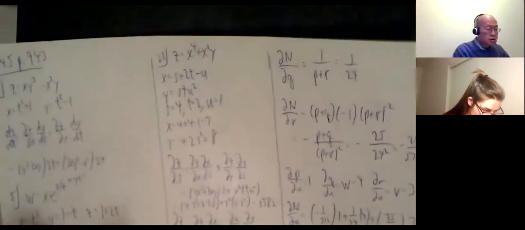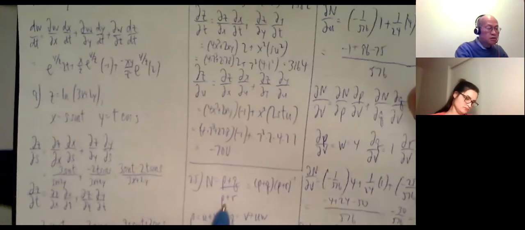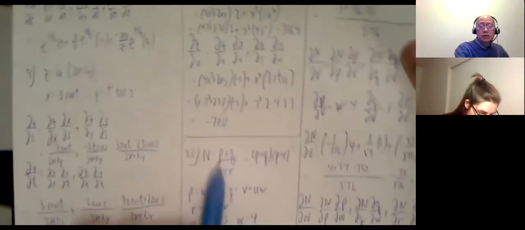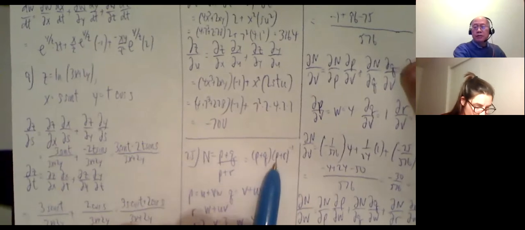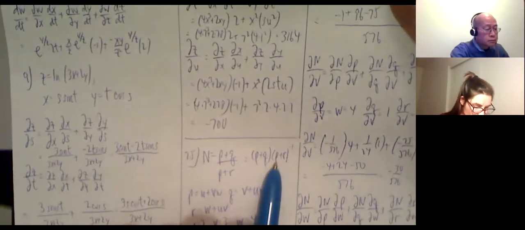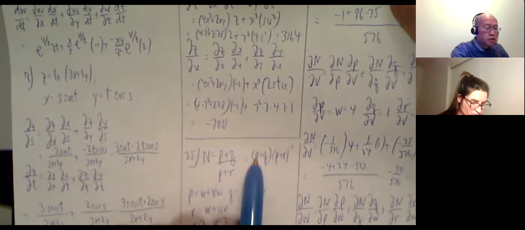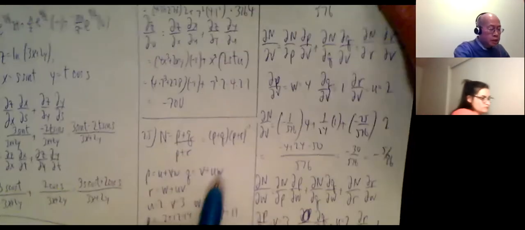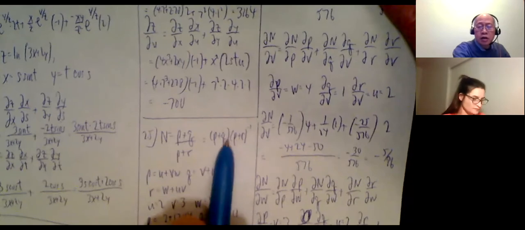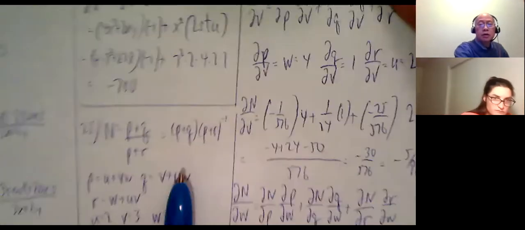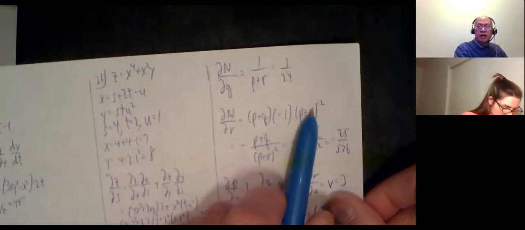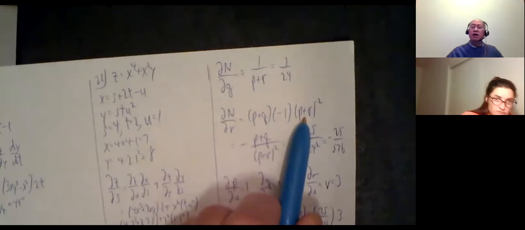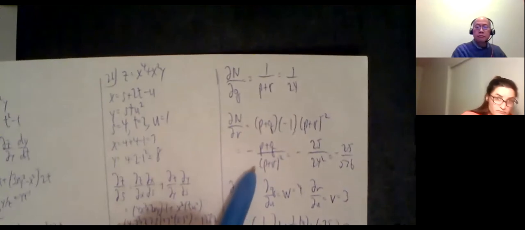Okay, partial of n with respect to r. That's a little bit harder. So think of it as (p plus q) times (p plus r) to the negative 1. This becomes like a coefficient. So you just copy it, p plus q. And then differentiate with respect to r. So negative 1 comes down. I'll have (p plus r) to the negative 2. Negative 1, (p plus r) to the negative 2 times the derivative of the inside with respect to r, but that's just 1. Okay, clean it up.